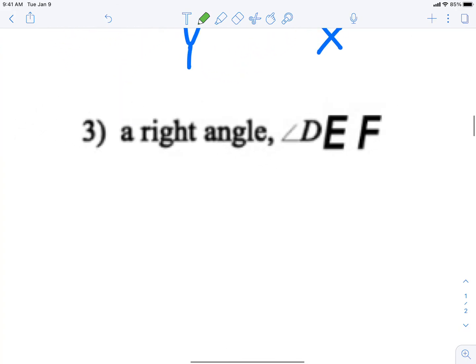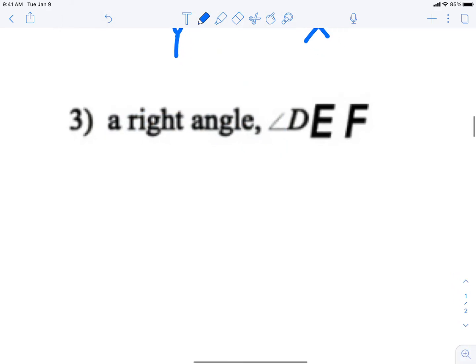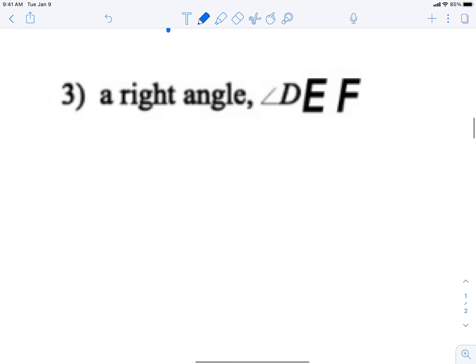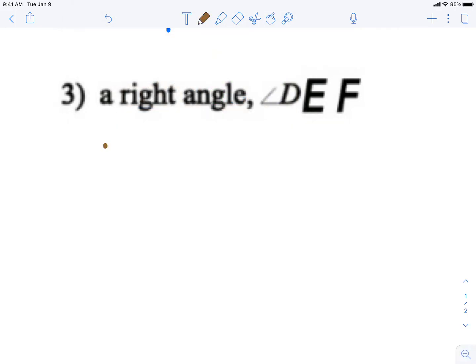Number 3. A right angle DEF. I know my EF looks weird, but just ignore it. Okay? Next. A right angle. So I know my right angle is, oops, I want to draw it straight right here. Let me use a different color, brown. So straight, and then like that.